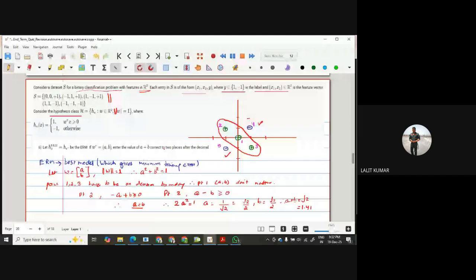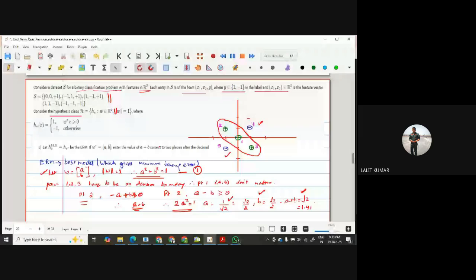So we can have W norm is equal to 1. So let W is equal to (A, B). Therefore, A square plus B square is equal to 1. This is the first point. Now, points 1, 2, 3 which are there, they are positive. So for point 1, (A, B) doesn't matter because it is at 0, 0.